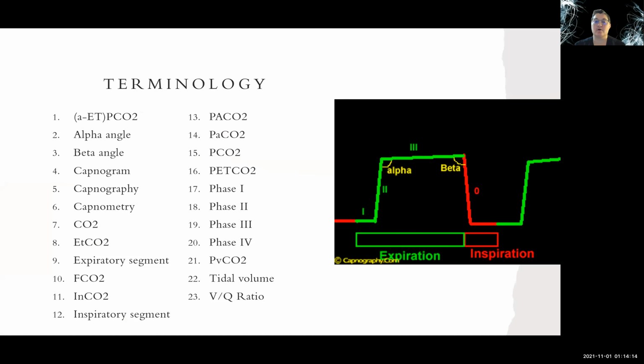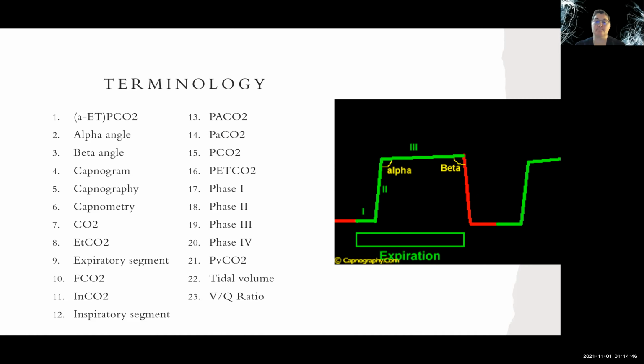So here are a variety of terminology pieces that we're going to be learning. And we're going to just start at number one and work our way through. So on number one, when you see this, this is a measurement of alveolar dead space. Now, an increase in this suggests that there's an increase in dead space ventilation. Hence, this is actually an indirect estimate of VQ mismatching of the lung.